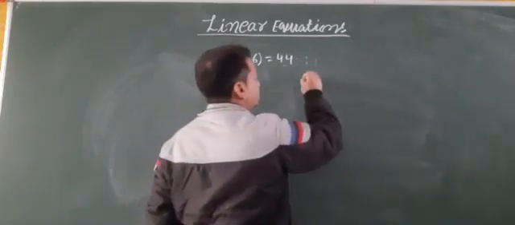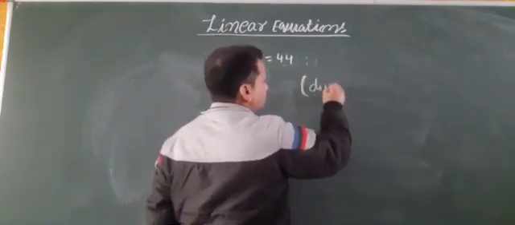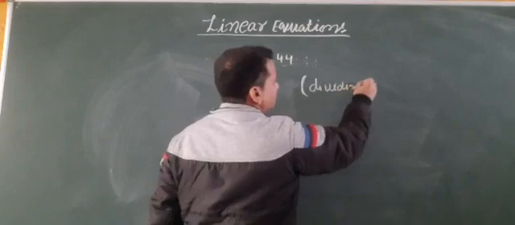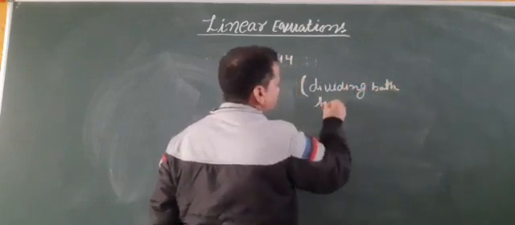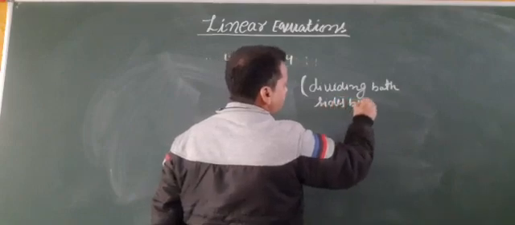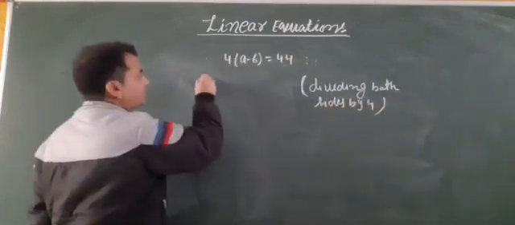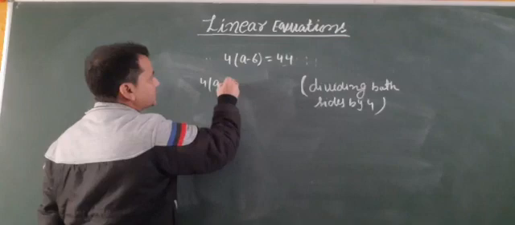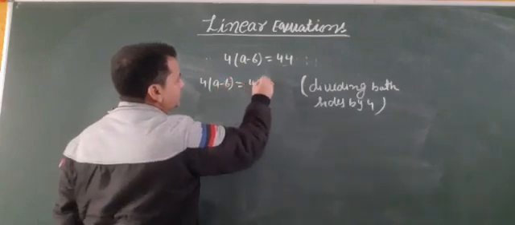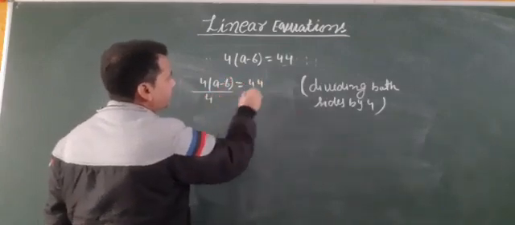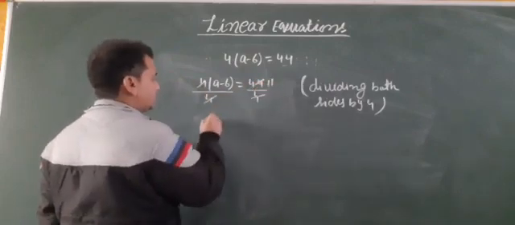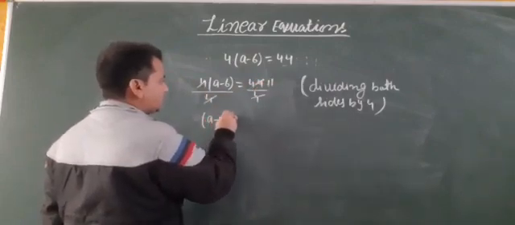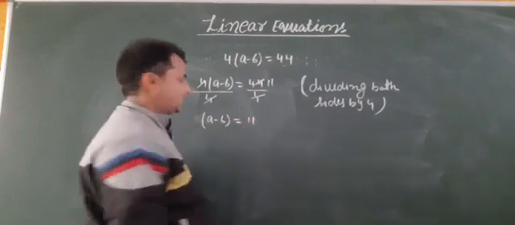Then 4 into a minus 6 equal to 44, divided by 4, then a minus 6 equal to 11.